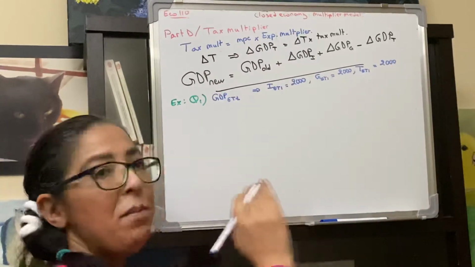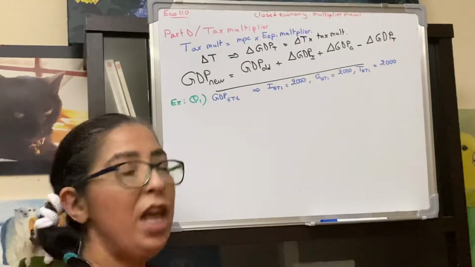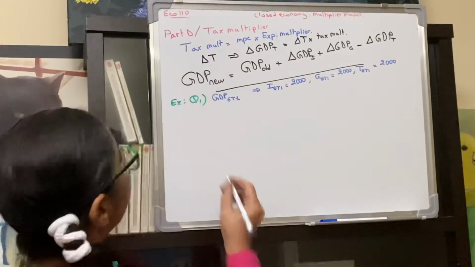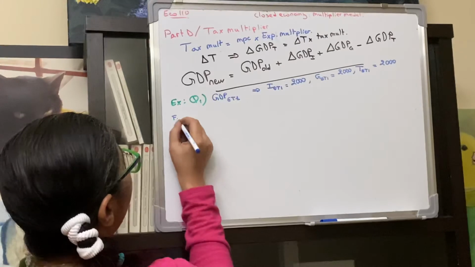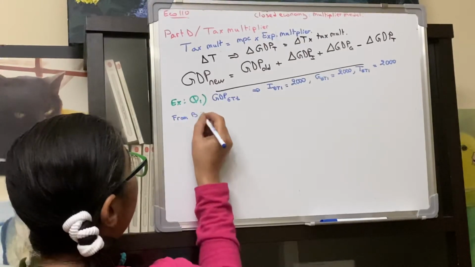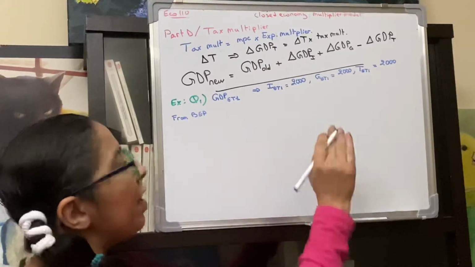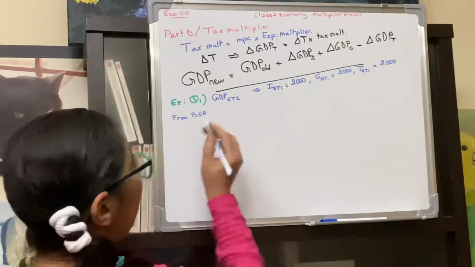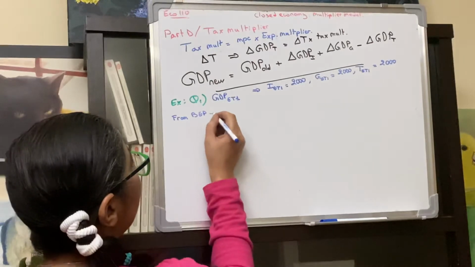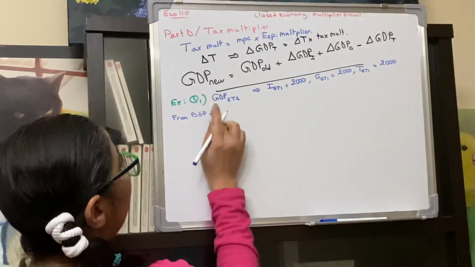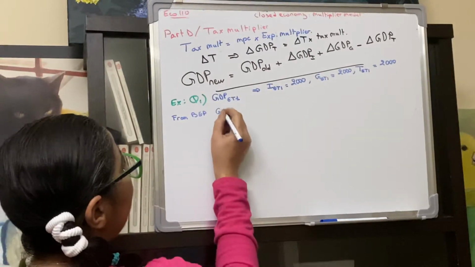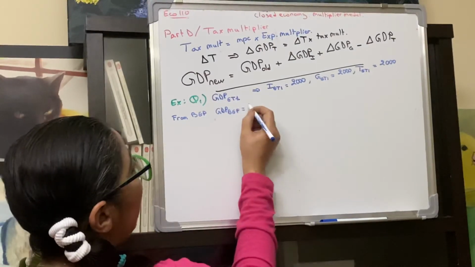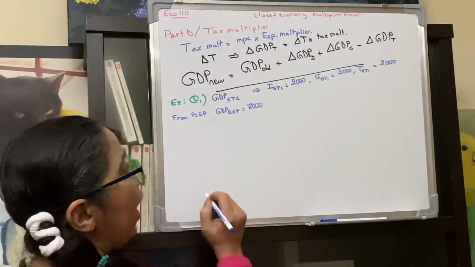I kept the same number on purpose, and I'm going to calculate it from the BEP, where everything was set to 0. The GDP at BEP was 8,000.